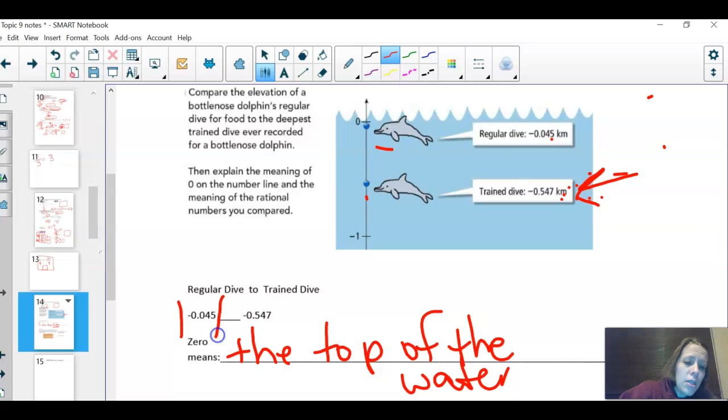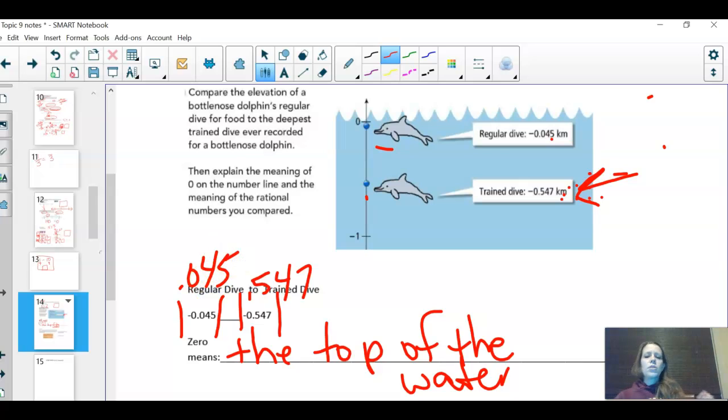Y entonces yo necesito el valor absoluto. I need the absolute value. So that would change this to 0.547. 547 thousandths, or 45 thousandths, or 45 milésimas. 0.5. Este es menor que el otro. Y entonces este es abajo del otro.